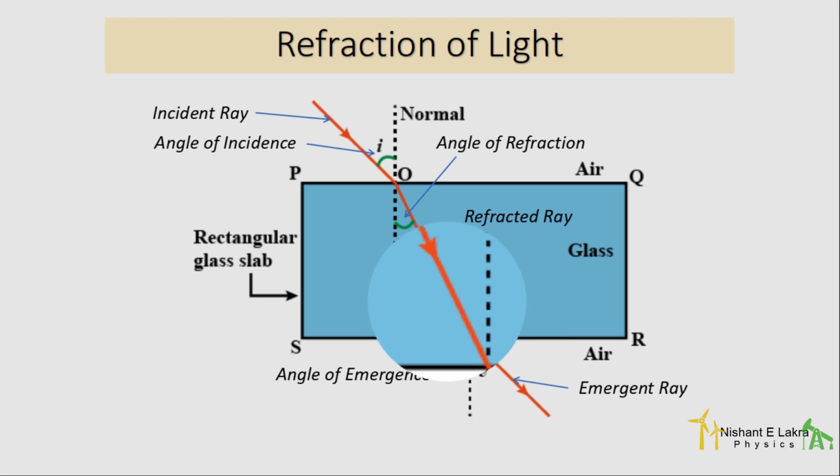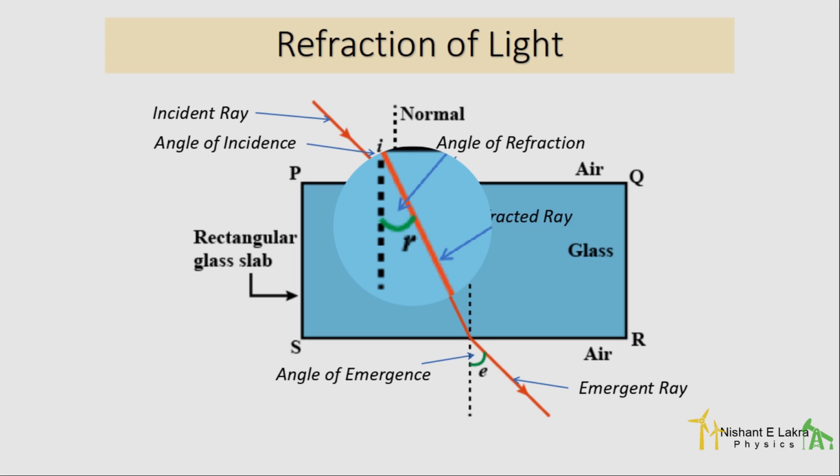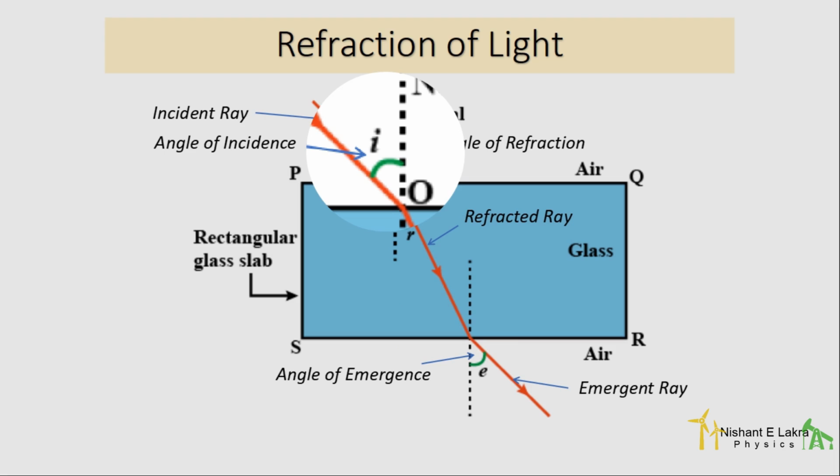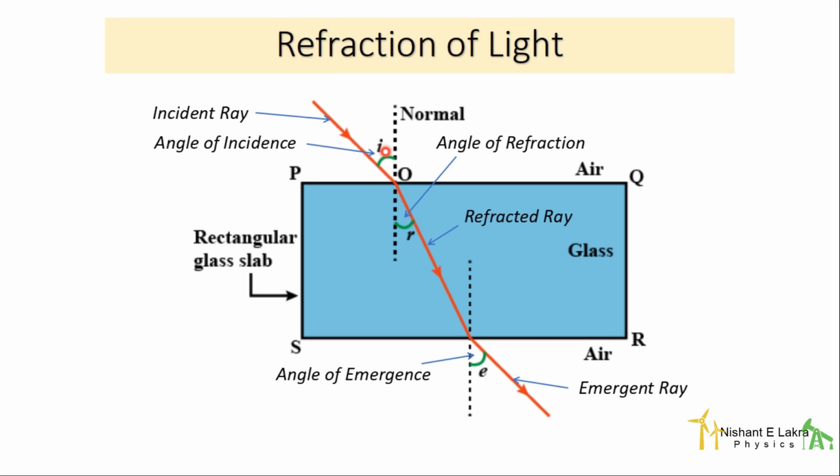And the refracted ray is denoted by the small letter r, and the incident ray is symbolized by small i. So this is the ray diagram to show the refraction of light.